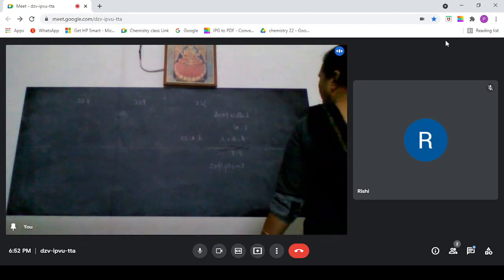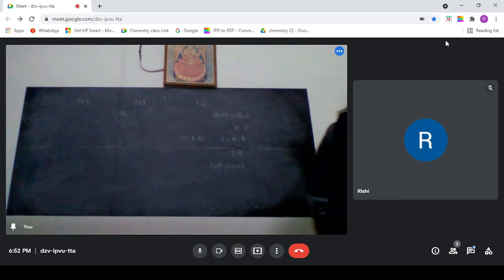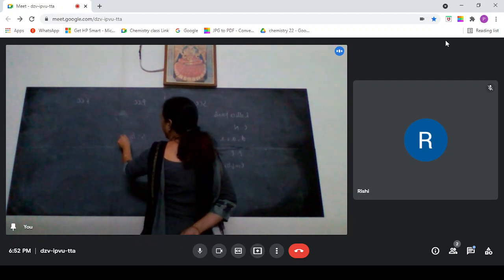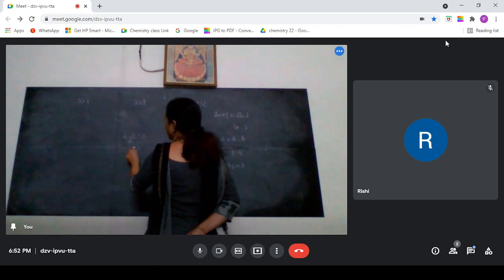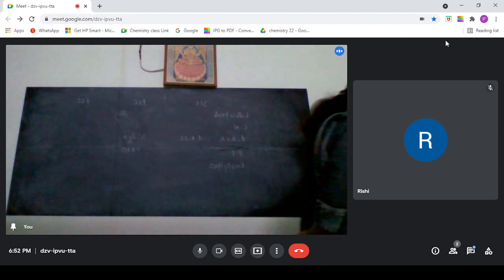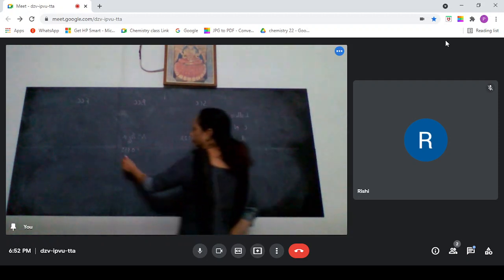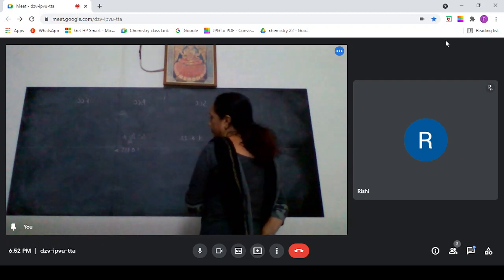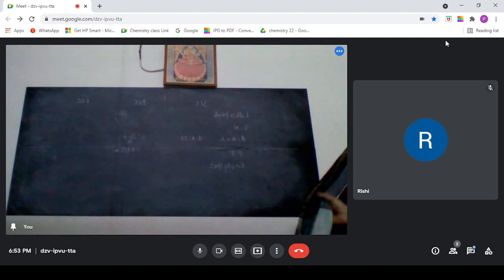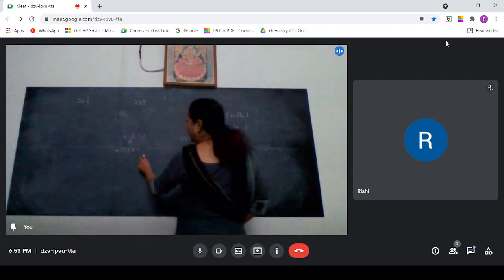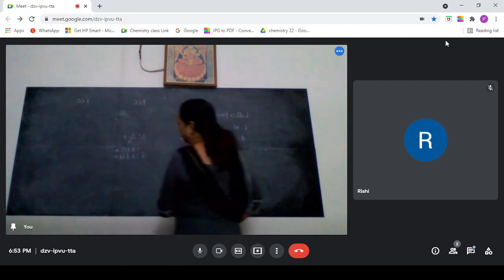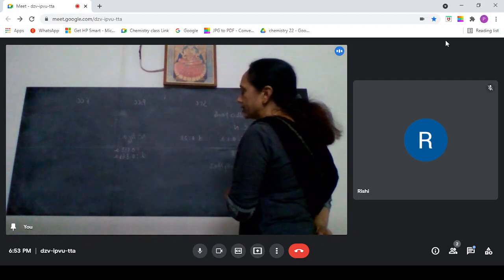In body centered, R is equal to root 3 by 4 A. This comes out to be, write down this, 0.433A. So D will be double this. So it will be 0.866A.